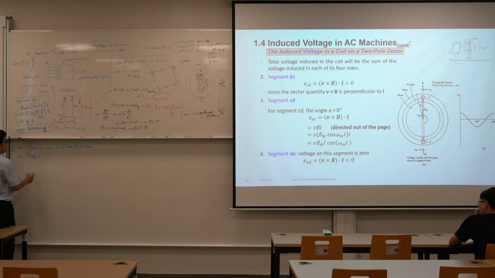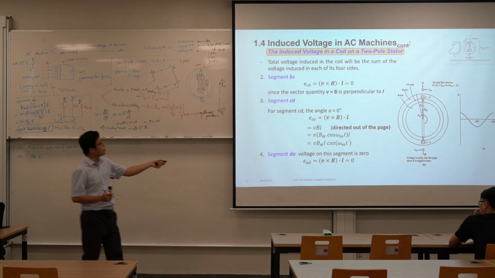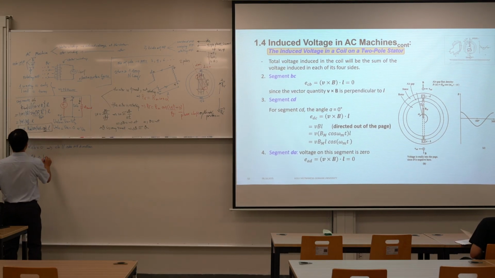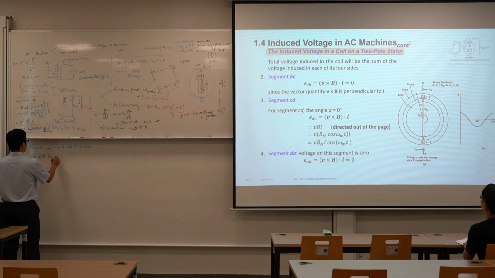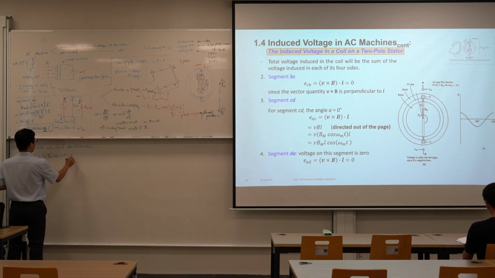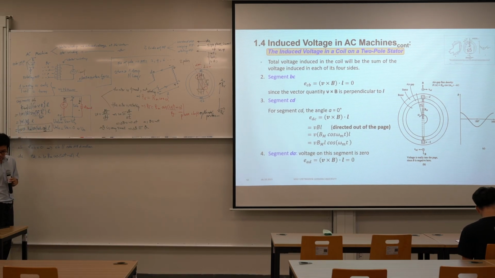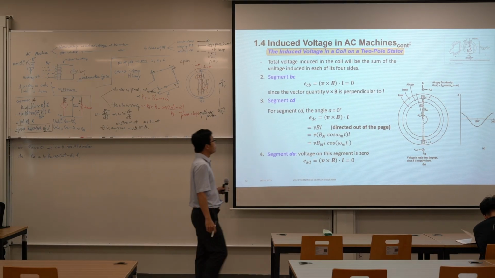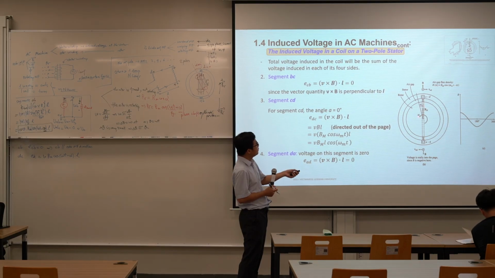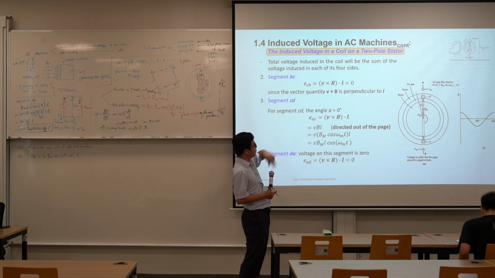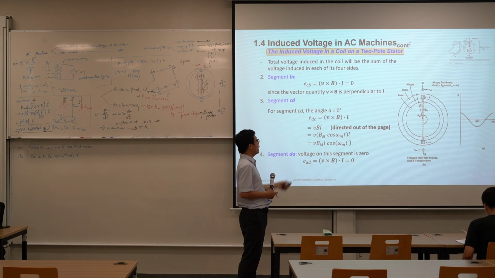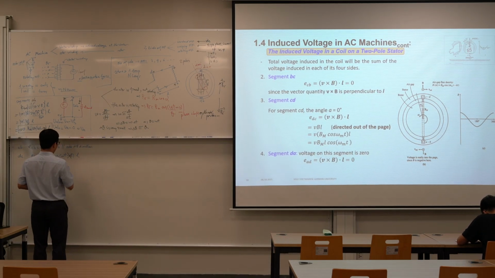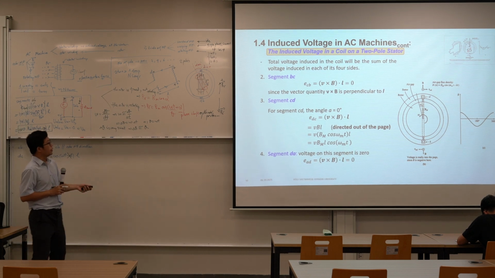EDC is V BM cosine omega t minus alpha times L. If B is going up, alpha is 0.